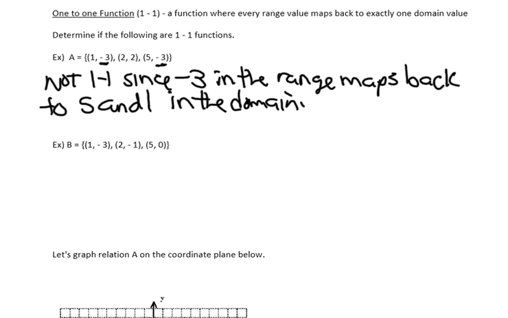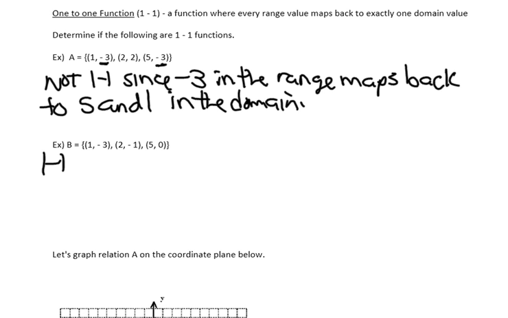Now, let's take a look at B then. Again, looks to be a function. Every single value in the domain maps to exactly one value in the range. Does every single range value map back to one value in the domain? And the answer to that is yes.